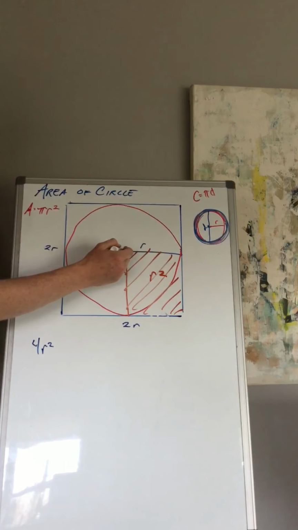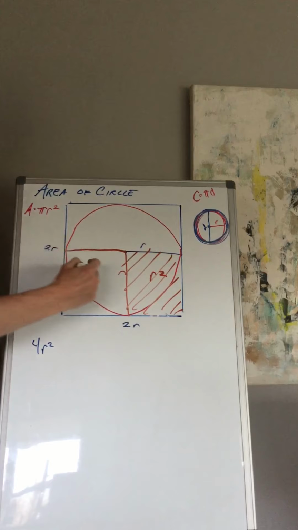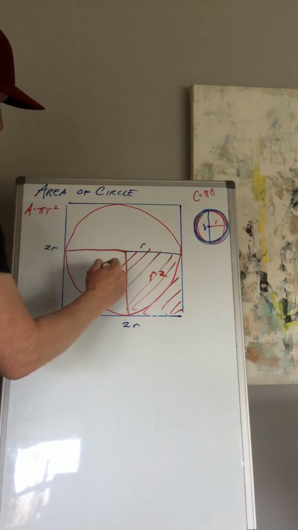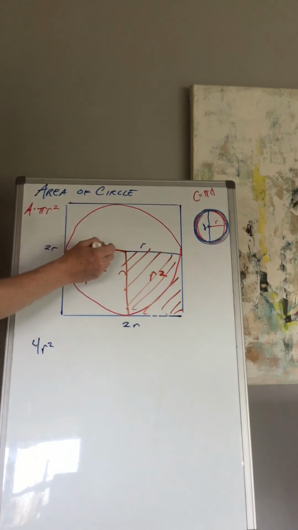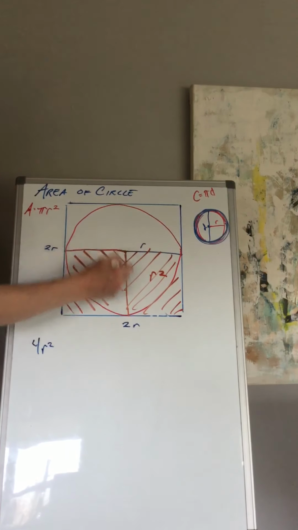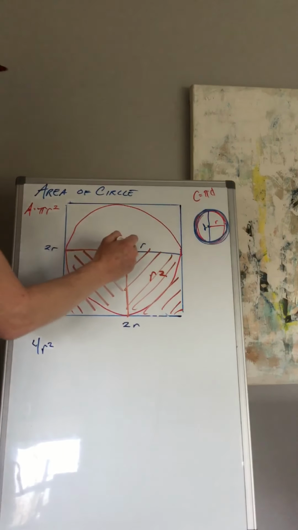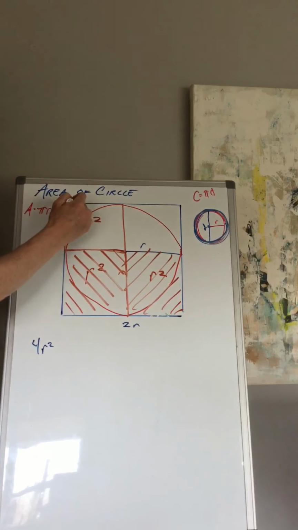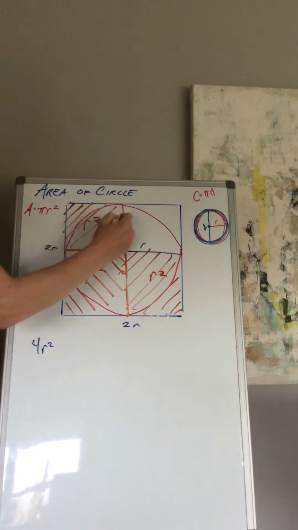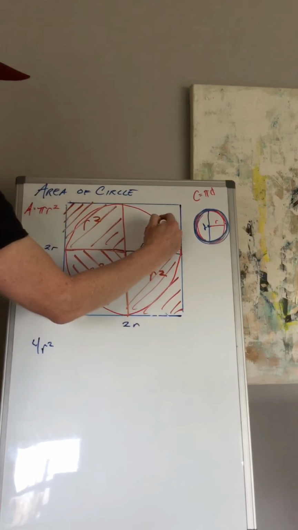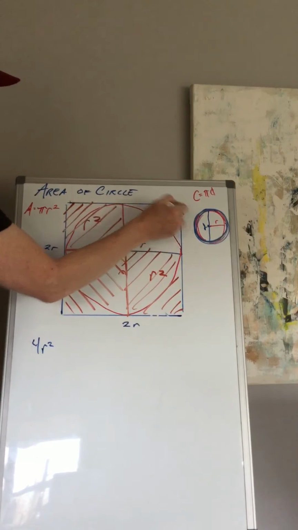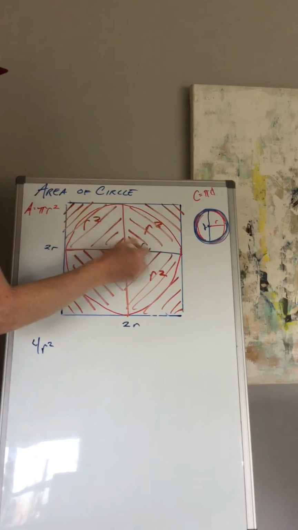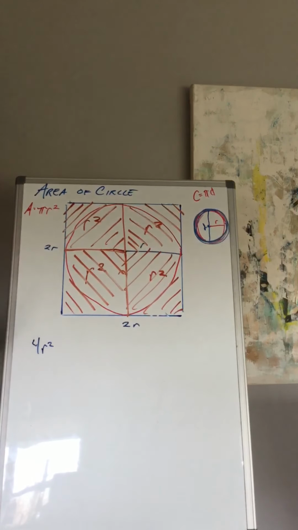And here's another radius squared, because it is radius by radius, and another radius squared, and then our last radius squared. But obviously the circle is less than the square.